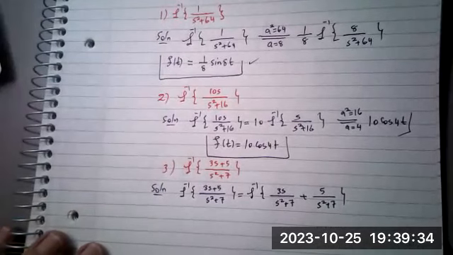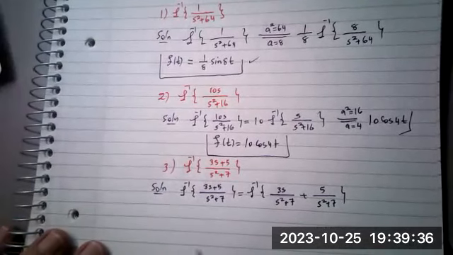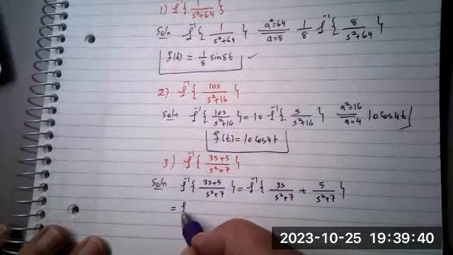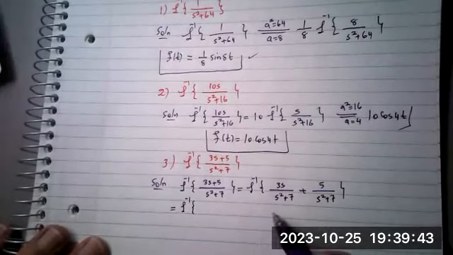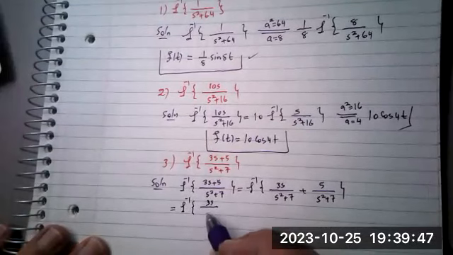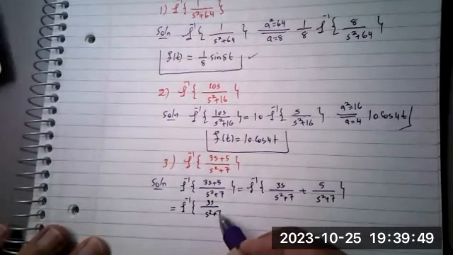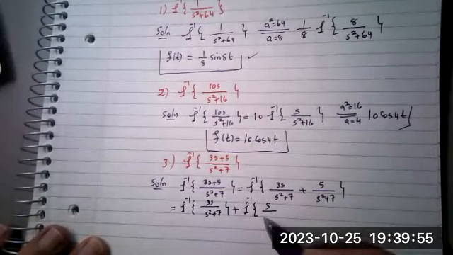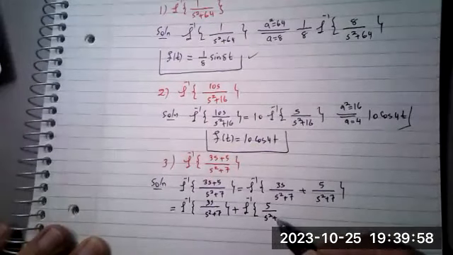Now it's going to be Laplace inverse of the first one plus the second one. So it's equal to the Laplace inverse of 3s over s squared plus 7 plus Laplace inverse of 5 over s squared plus 7.